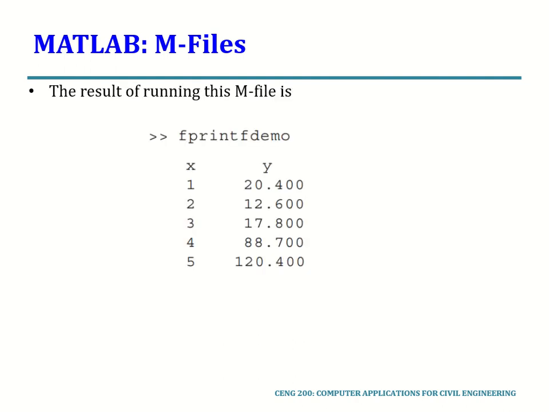Why is it important? You can see it here. Now between two numbers, when you print two numbers, the program automatically gives a tab. So the first number of z is 1, the second number is 20.4. Between them there is a tab by default. Okay. But what about the headings?